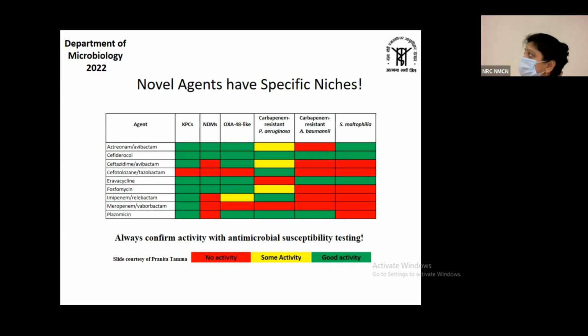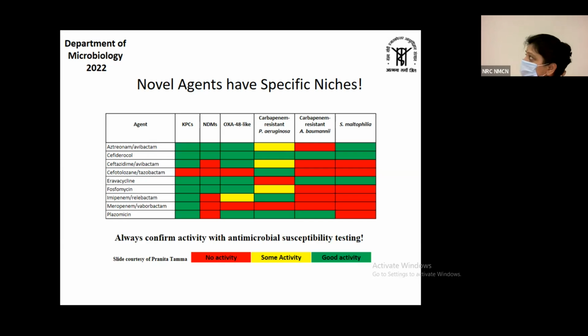So look at the greens. For the KPCs, there are the serine and the metallo, which I will not go into in detail, but by and large, for the KPCs, these newer antimicrobial agents may work. These combinations may work. But for the NDMs, they are not going to work.